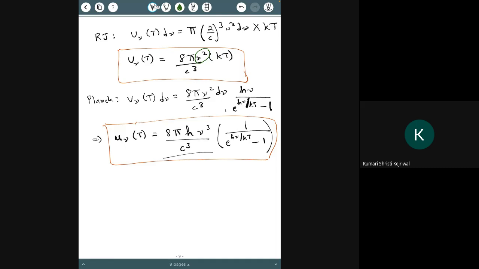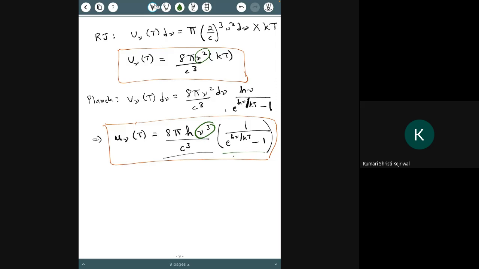So that was the problem with nu square. In case of Planck, what Planck derived, you of course have a nu cubed, so that would make the UV catastrophe even worse. But you also have this modulating factor, and this is the important part. Whenever you have h nu for very large frequencies nu, this factor becomes very large, the denominator factor.